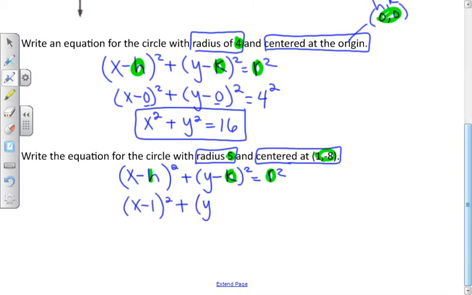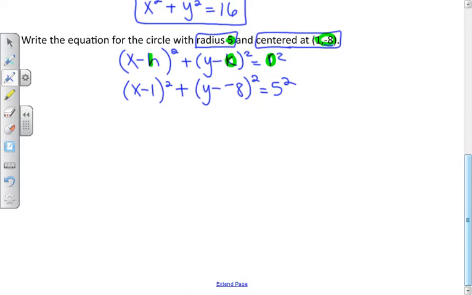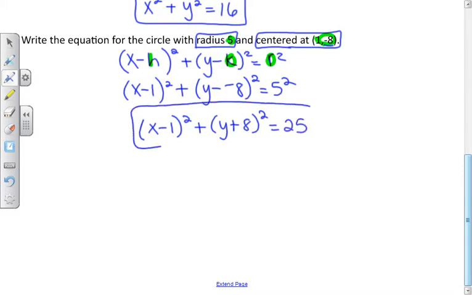Now here's what I was talking about. I have y minus a negative 8. And so when I go to clean this up, this stays as x minus 1 squared plus this is y plus 8, the quantity squared, and it equals 25. And that is how you write the equation of a circle.